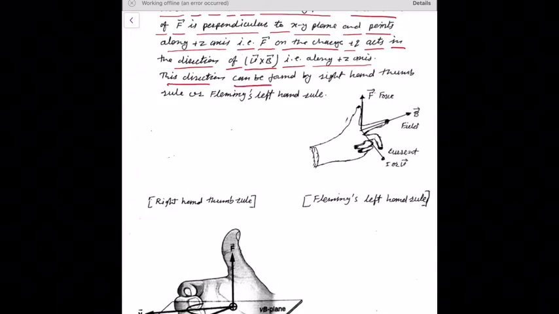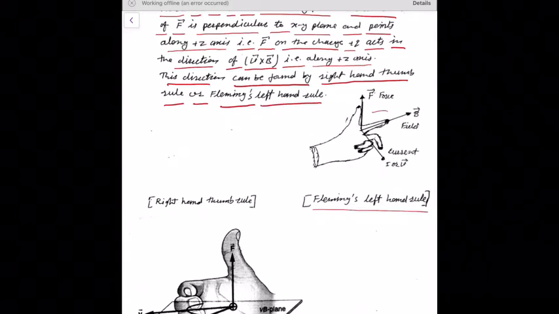This direction can be found by right hand thumb rule or Fleming's left hand rule. Here in the diagram, Fleming's left hand rule. In Fleming's left hand rule, stretch the thumb and the first two fingers of the left hand mutually perpendicular to each other.